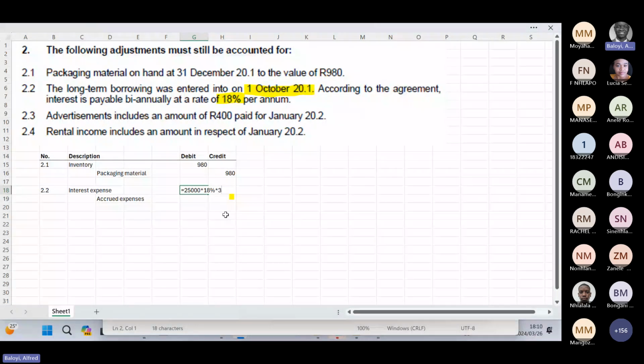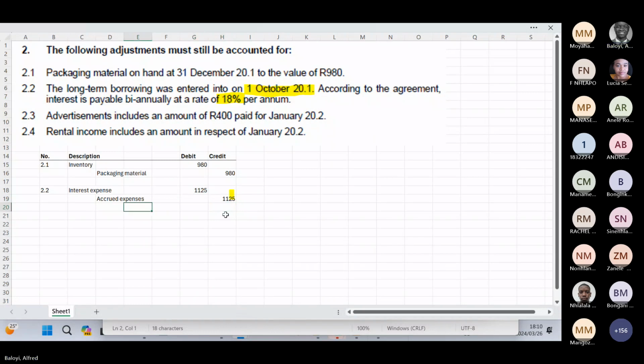So it's 3 months divided by 12. So the amount that you need to adjust the interest expense will be 1,125. This is the amount that goes to accrued expense as well.